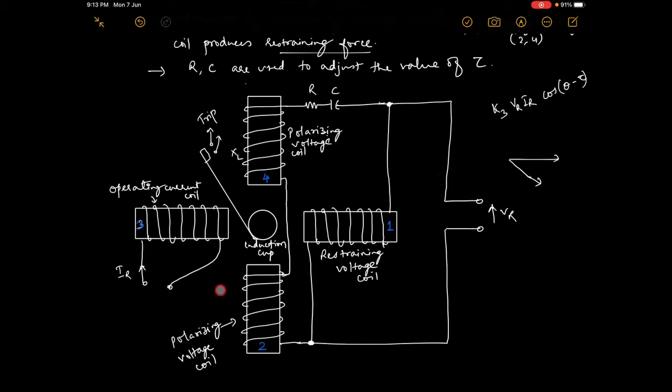Current comes late, voltage comes first. Always assume that you are standing here and seeing this way: first voltage is coming, and then current is coming. This is how the phasor diagram works. So this is the basics.